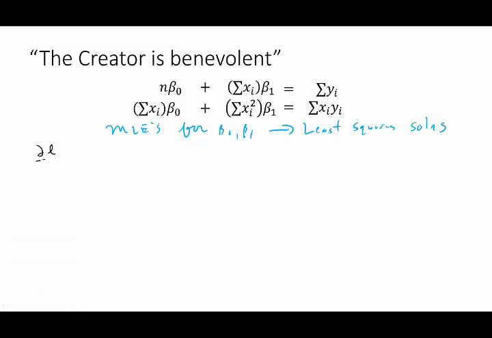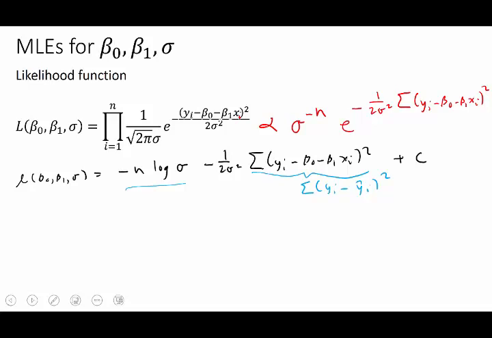And I will encourage you to take a moment to look back at the last slide. In fact, I'll flip back for you for a moment here and allow you to pause the video, rewrite this expression, take its derivative with respect to sigma.